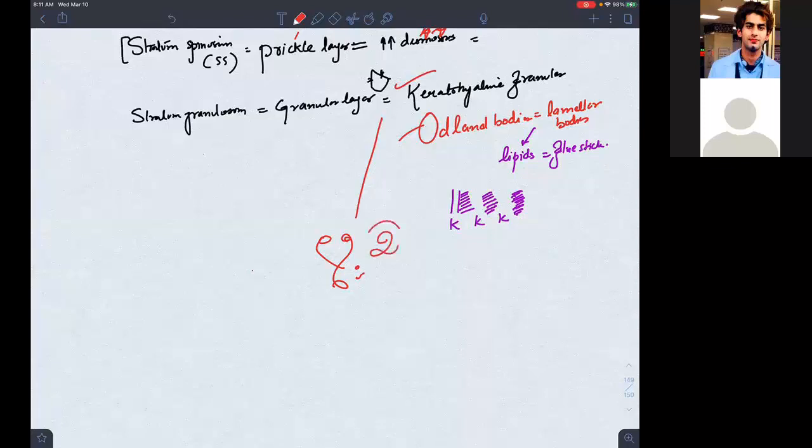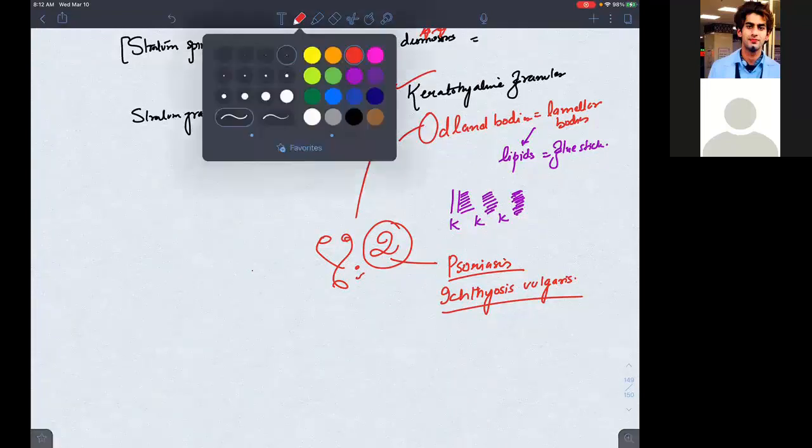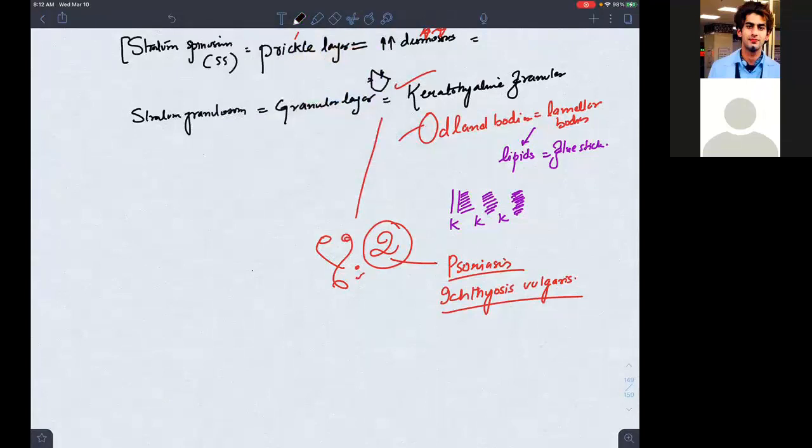Remember, two diseases: one is psoriasis and the second is ichthyosis vulgaris. These are the two dermatological diseases you see in your clinical practice, and the main reason for this is the granular layer. Are you able to understand? Easy, tasty dermatology also.